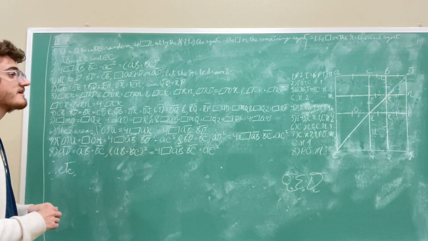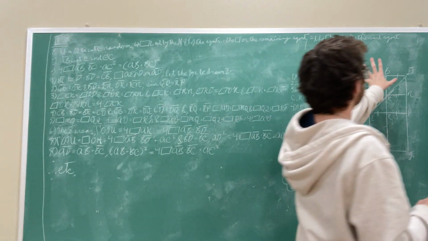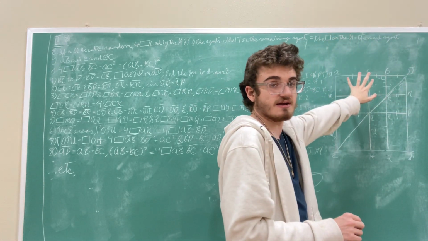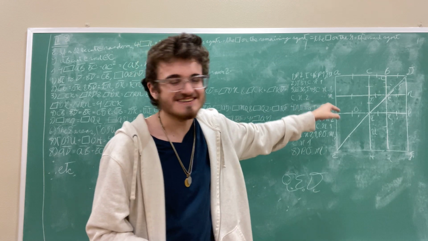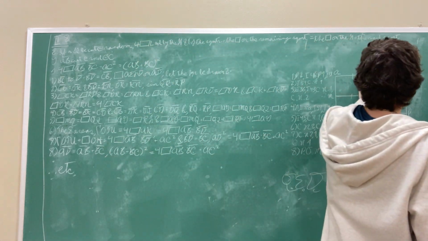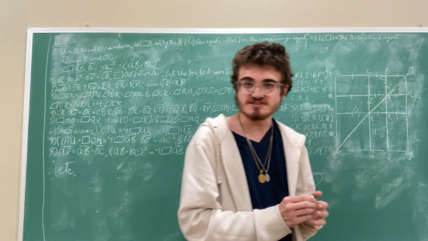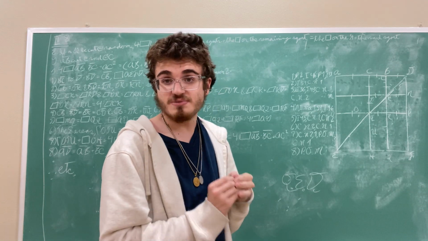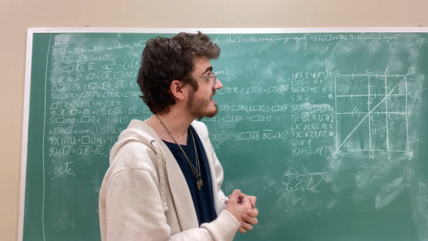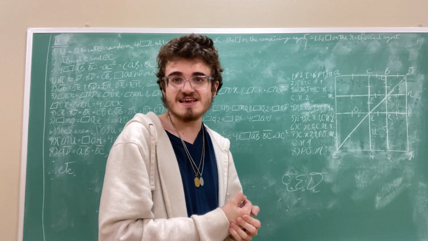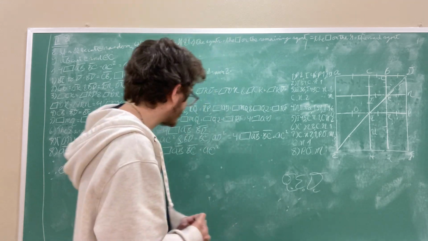Next, we also know that the straight line AD is equal to AB plus BD. This is simply self-evident. And we know that BD is equal to BC. We made it that way, and so we can safely say that AD equals AB plus BC.